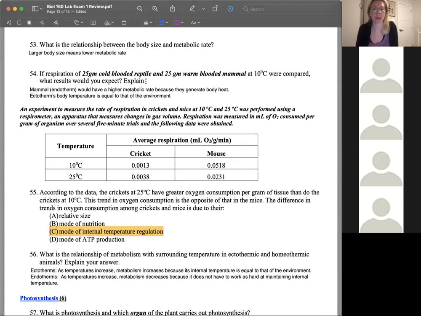And then definitely know the relationship between metabolism, or metabolic rate, that is, and temperature, and especially how that's different in ectotherms versus endotherms. And then also knowing the specifics of how that cell respiration experiment was done, and the purpose of the water bath and that potassium hydroxide in the chamber. So knowing those little details, that's going to be important on your exam.